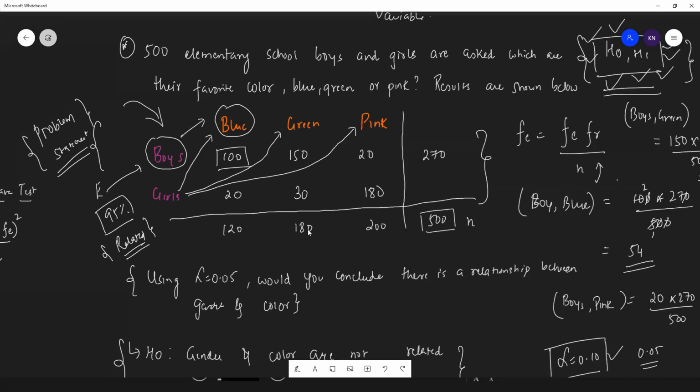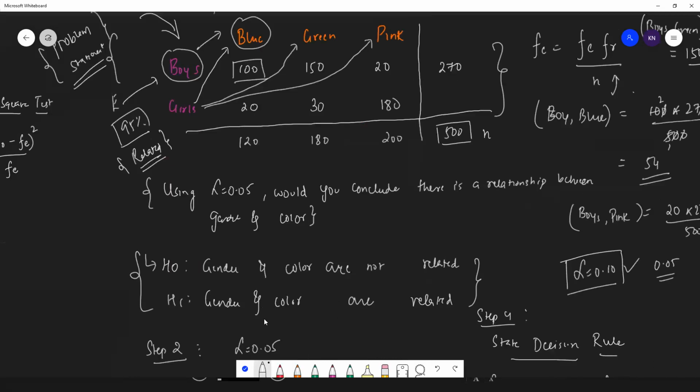I have to really check why they have taken it this inverse way, because if I reverse the alternate and null hypothesis, there will be a problem again, because gender and color over here are definitely related. Right? So if the final result comes out wrong, then H0 and H1 change. Yes. So let's see. Don't worry, I will try to have a look.